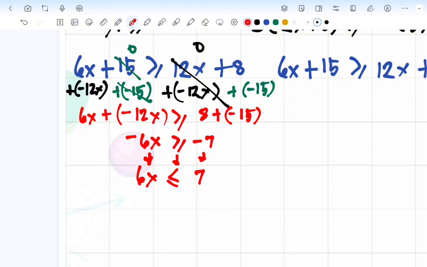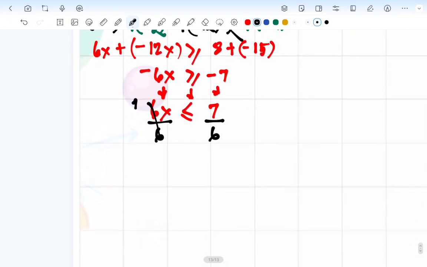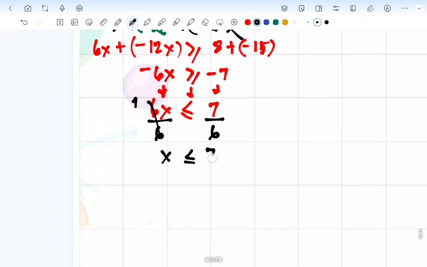Because here 6x means 6 times x. We are going to use multiplication. Multiply it by 1 over 6 because our goal is that it will become 1. Or we can also just divide by 6 and also do it on the other side. Take out, it will become 1. So our x is less than or equal to 7 over 6.